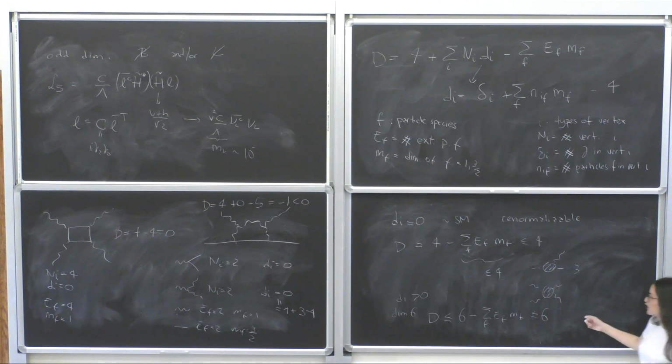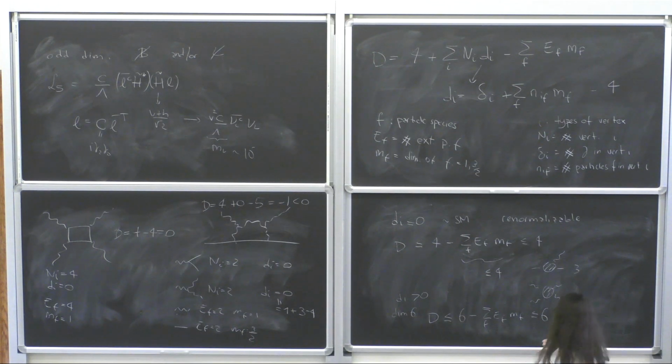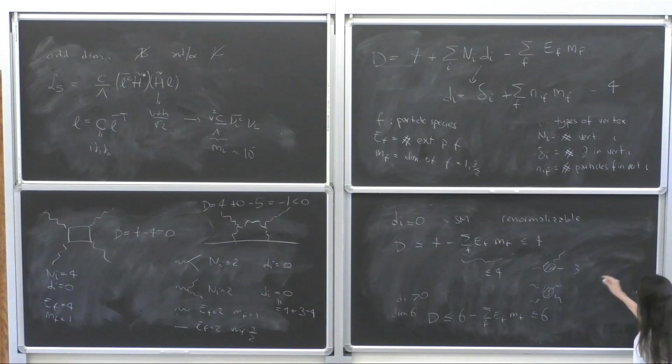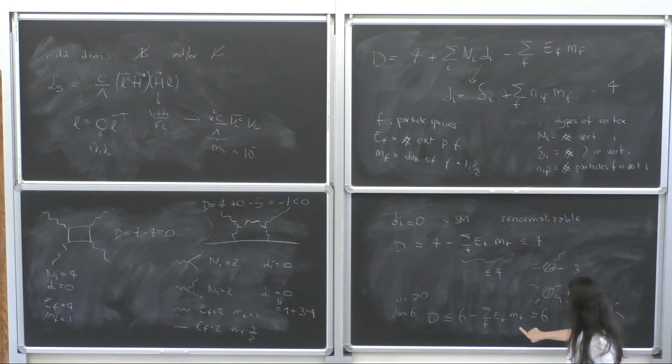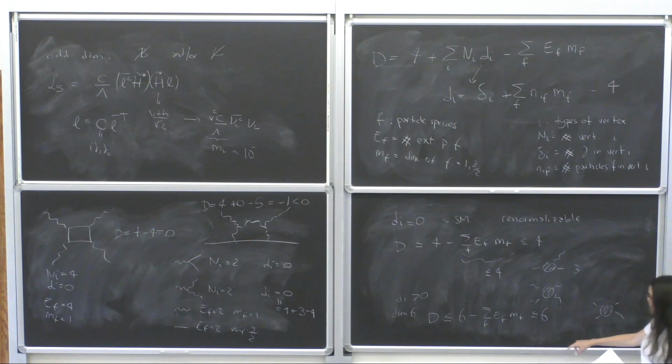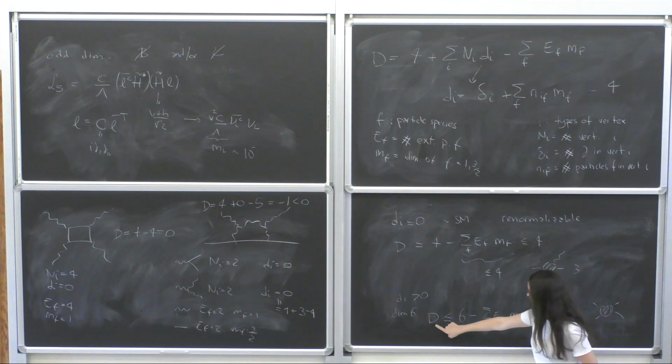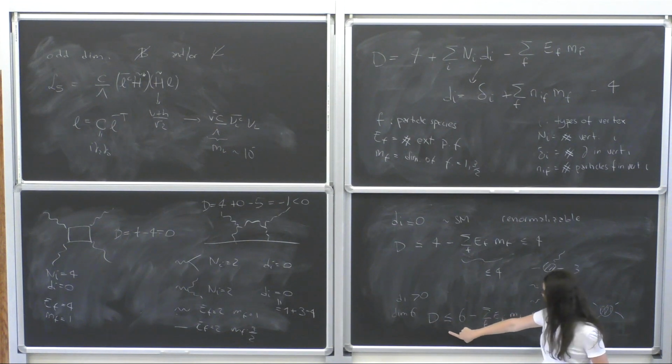So if you decide that you go only to dimension 6 and you truncate, you move the bar up a bit. Here you can have things with 4 fermions, like the Fermi interaction. So you can have one loop diagrams with 4 external fermions that diverge. But you can eat it up, essentially, because the only cases where you will have divergences is when this d is larger or equal than 0.